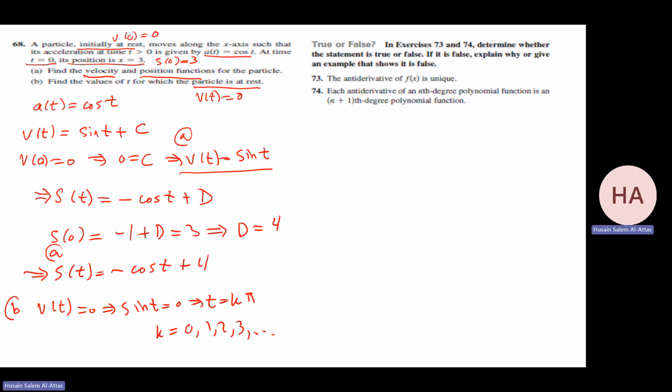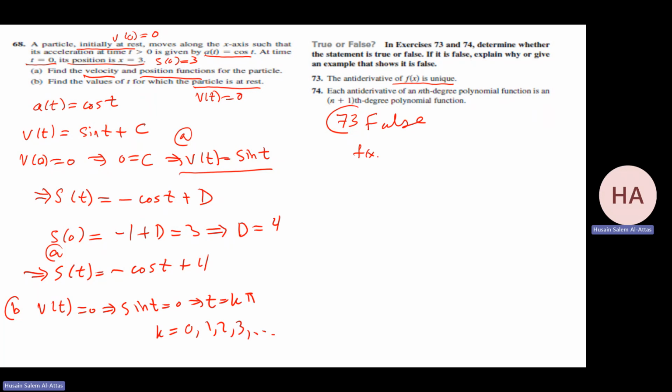True or false statements. I have two statements. The antiderivative of a function is unique. No, this is very clear. This is not correct. 73. False. Why?